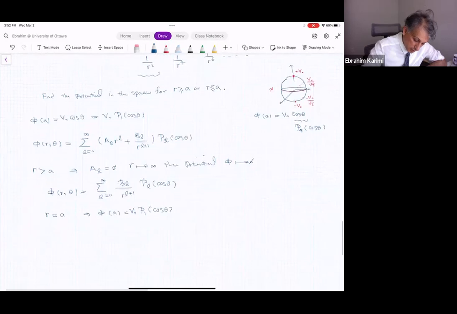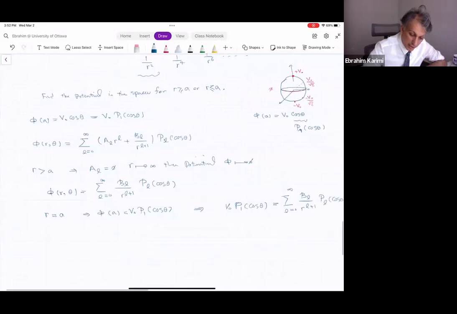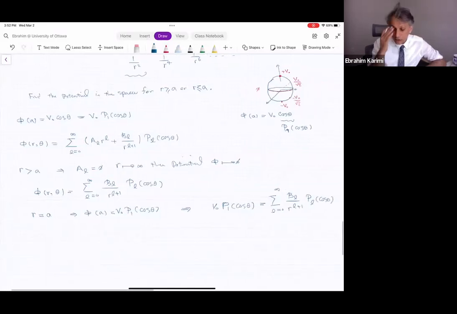Good. So we substitute it here. V0 P1 of cosine of theta is equal to the summation of L equal to 0 to infinity of B_L over a to the power of L plus 1 times P_L of cosine of theta. And I know that the P_L are orthogonal to each other.